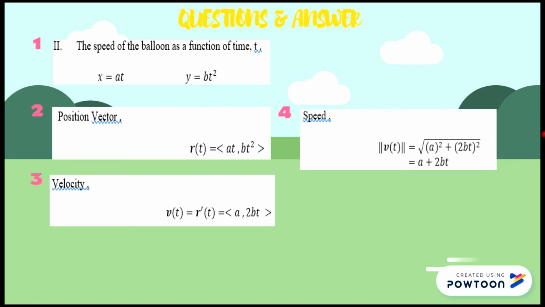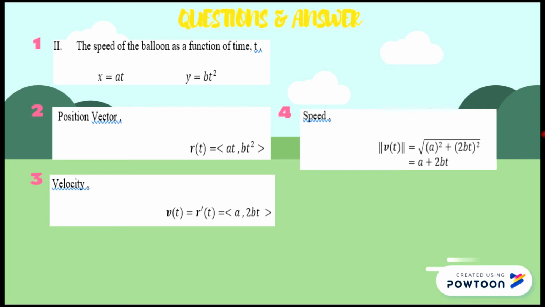So for the speed, the magnitude of the velocity, we take the square root inside of which is a to the power of 2 plus (2bt) to the power of 2.